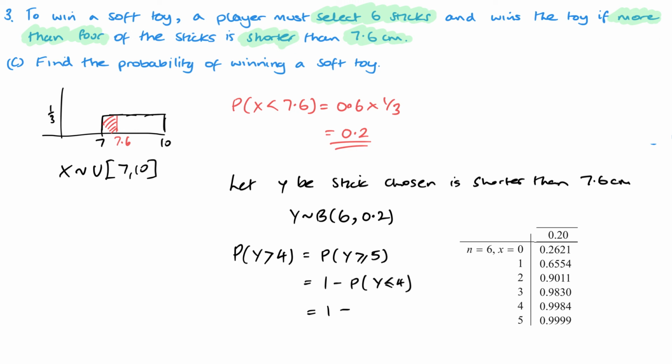So we can see here our 4 is 0.9984, and 1 minus that is 0.0016. And there we have it, nice and hopefully straightforward.